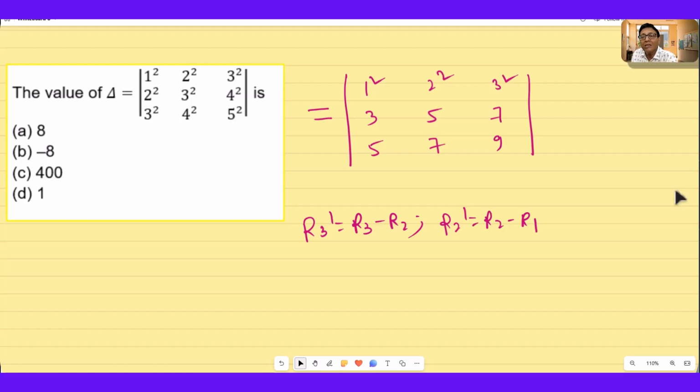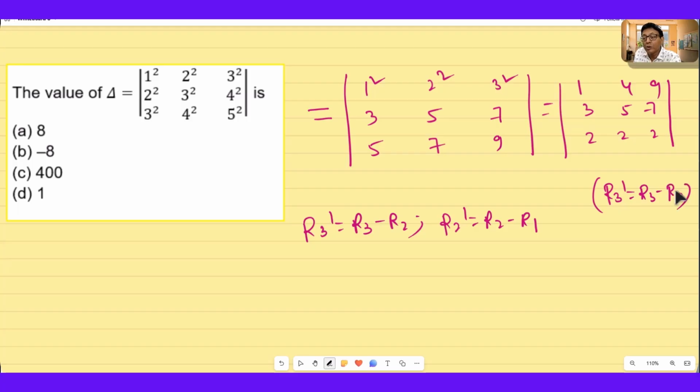So just do one thing. This is 1, 4, 9, 3, 5, 7, 2, 2, 2. What did I do here again? R3 dash equal to R3 minus R2 I have used. So 5 minus 3 is 2, 7 minus 5 is 2, 9 minus 7 is also 2.